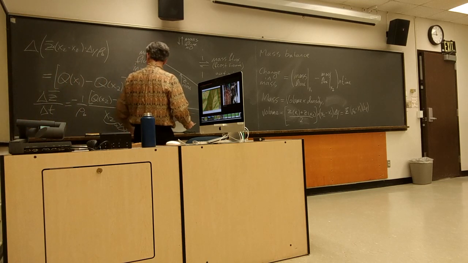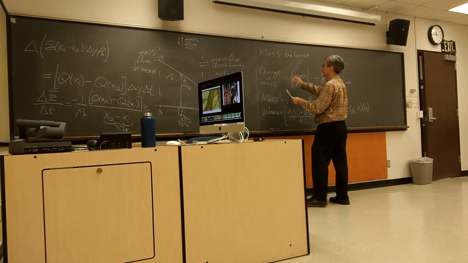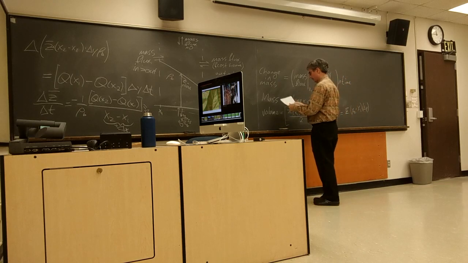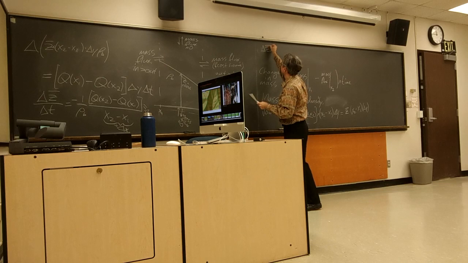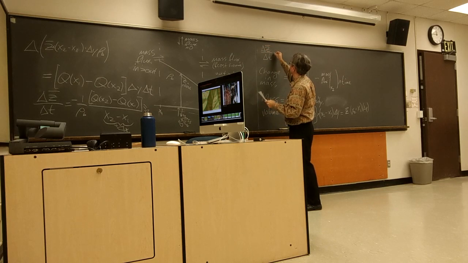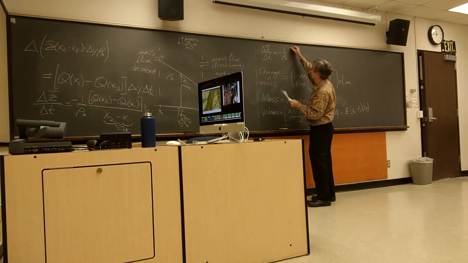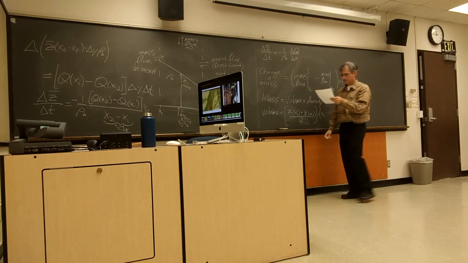So that I can write my mass balance as, and I'm about out of time, so I'm not going to bother erasing all of that, delta z over delta t equal to minus 1 over the density times the delta q over delta x.